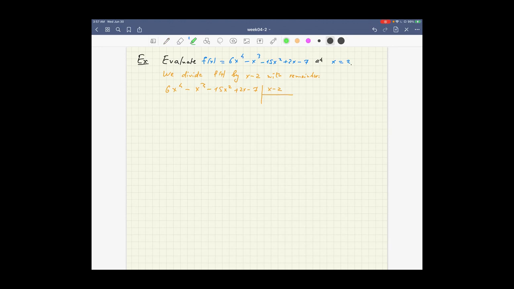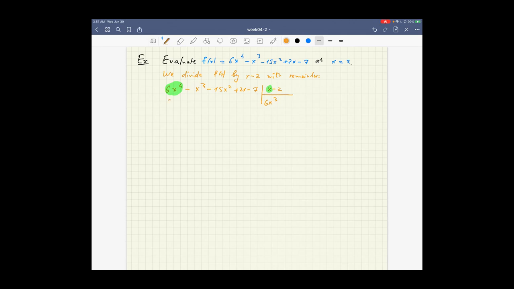Identifying the leading terms of the dividend and the divisor, we see that we are dividing 6x to the fourth over x, and of course the quotient is 6x cubed. And now the quotient 6x cubed is multiplied by the divisor x minus 2.